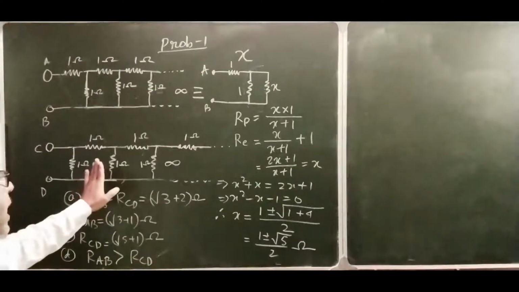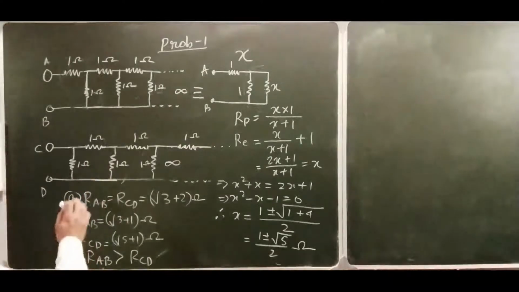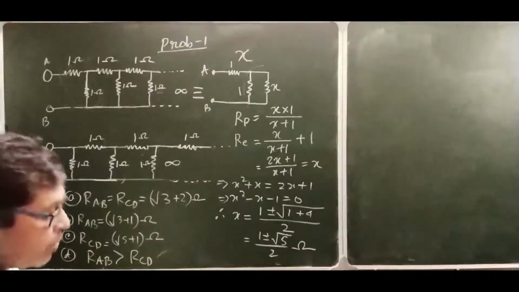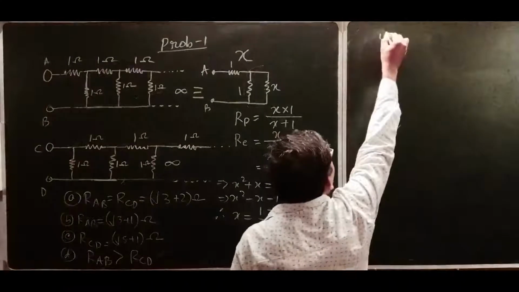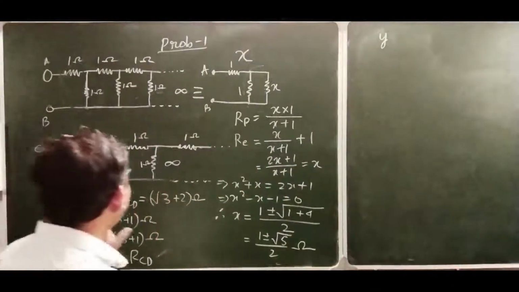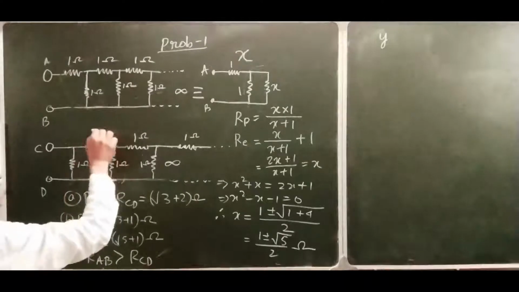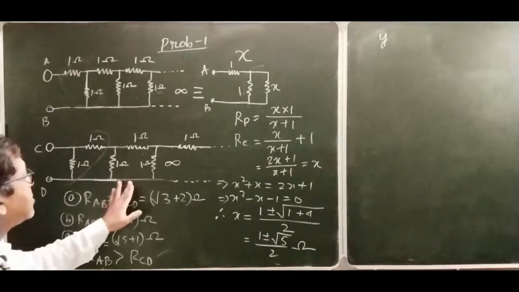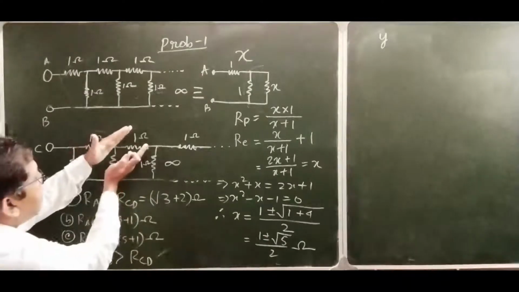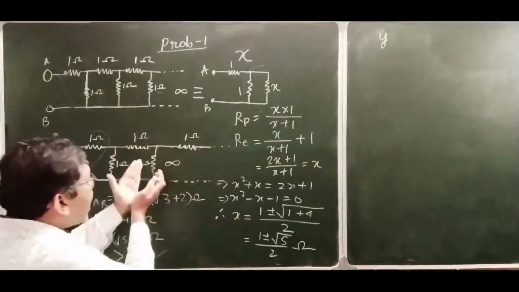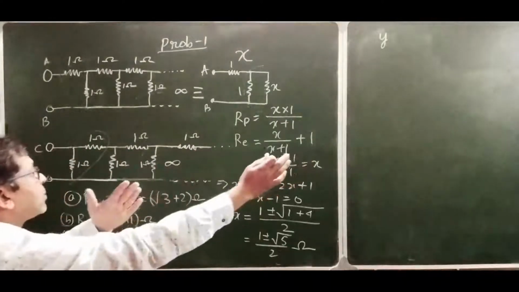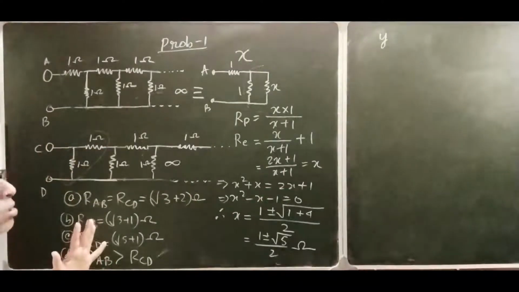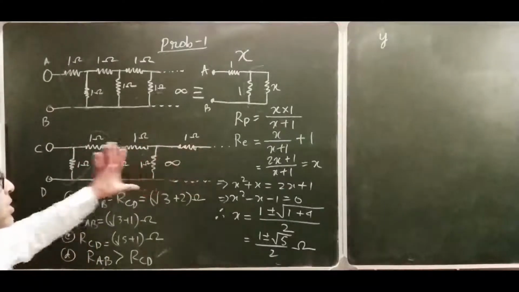Now if you consider the second circuit, if the total equivalent resistance of the circuit is assumed as Y, and if you temporarily remove this section, you can easily find that all these sections are identical, and these identical sections go up to infinity. So if you only remove one section, that will not significantly affect the total resistance.